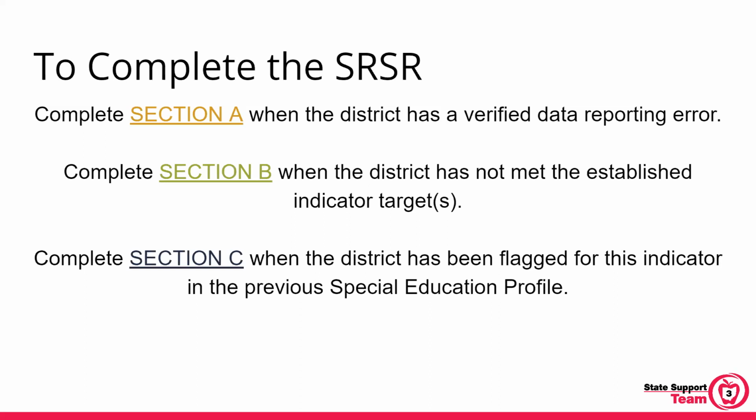This could be where maybe you're improving, you have moved in the right direction, but you still haven't met that threshold. Section C is basically reflection on either what's working or what's not working from the improvement plan that you put into place last year.